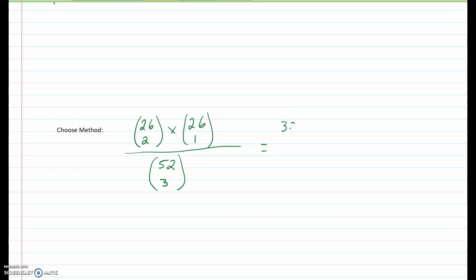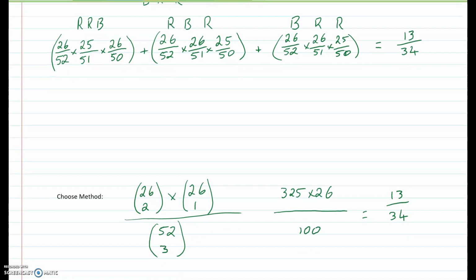That turns out to be 325 times 26. Okay. 26 choose 1 is 26, and 52 choose 3 is 22,100. That simplifies to, well, 8,450 over 22,100, and that simplifies to 13 over 34, which is exactly what we get up here. So much simpler calculation here versus having to do the orders up here.